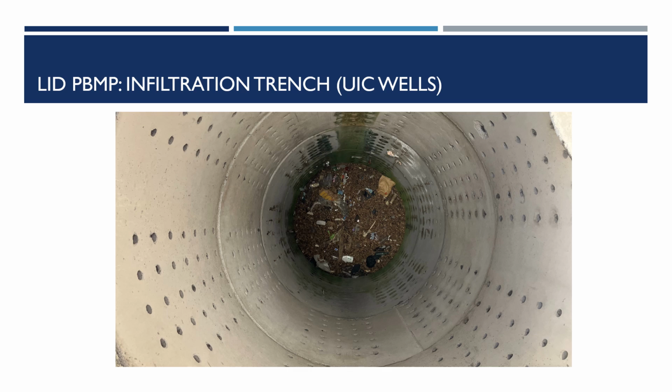Infiltration trenches that fall under the Class 5 injection well category shall apply for a UIC permit. When new UICs are installed, modified, or abandoned, applications and final reports must be submitted to AREE for review and then once approved to the Department of Health Safe Drinking Water Branch, or DOH SDWB.